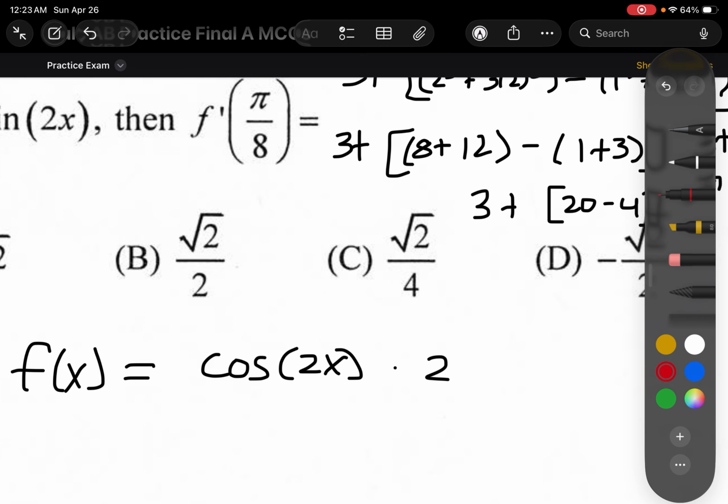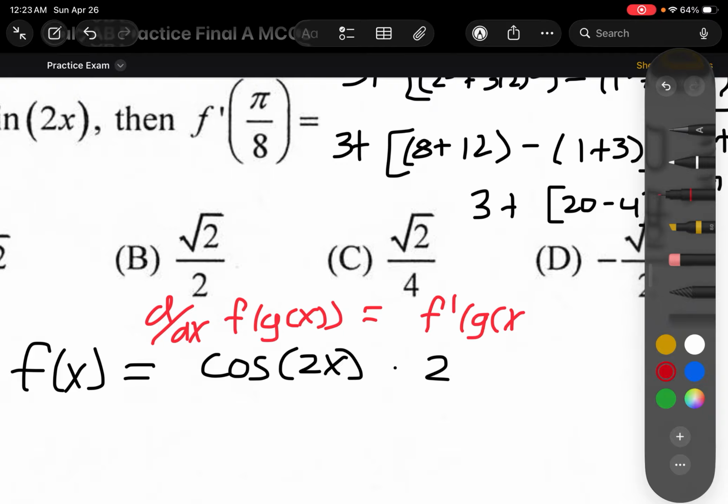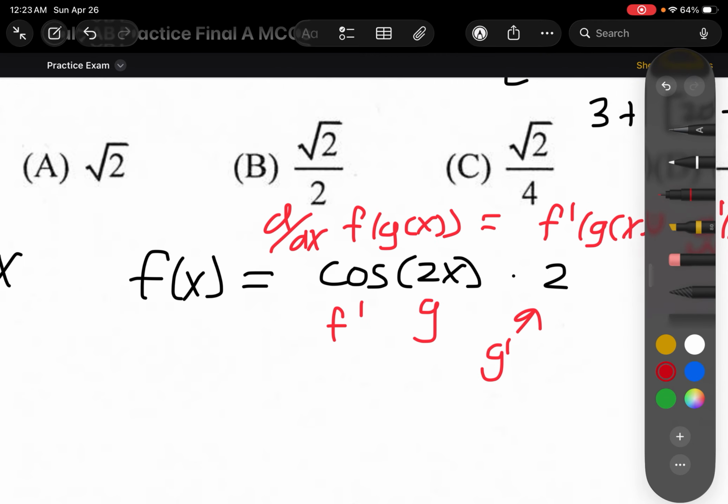Because remember that it's going to be f of g of x, the derivative of that is going to be f prime of g of x times g prime of x. This is our g prime, this is g, and this is f prime. This is how we got our answer to our first step. So it's going to be 2 cosine of 2x.